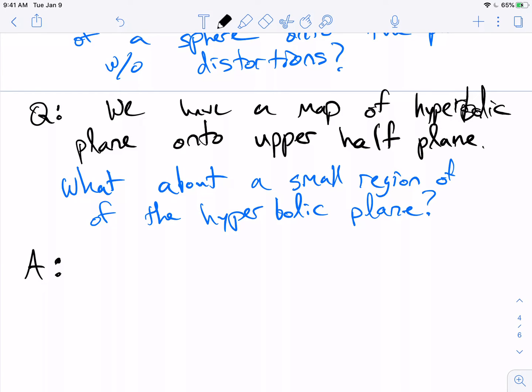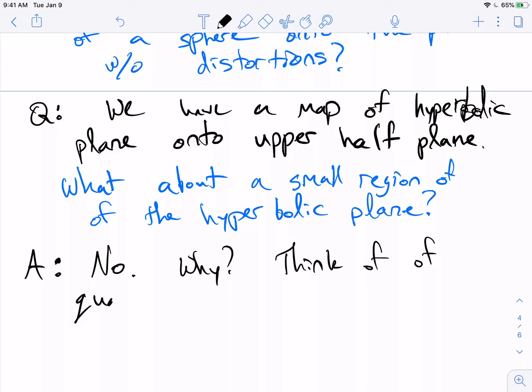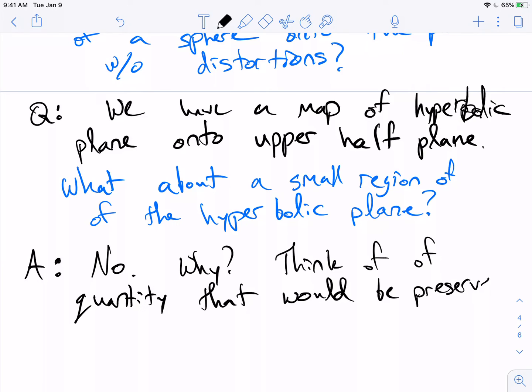Okay, now the answer to both these questions is no. Why is that? Well, think of some quantity that would be preserved by the map if the map didn't have distortions.